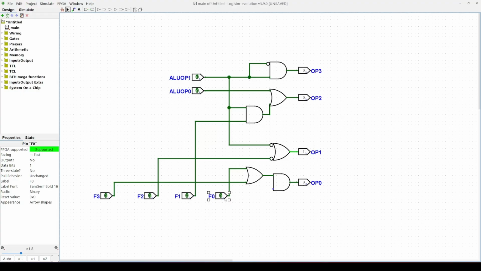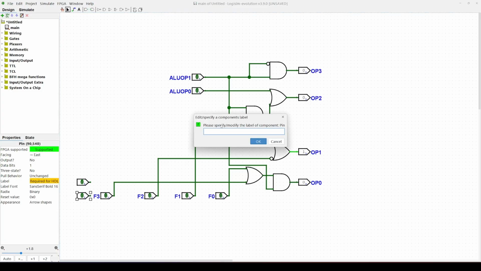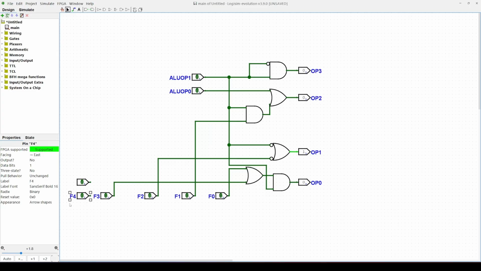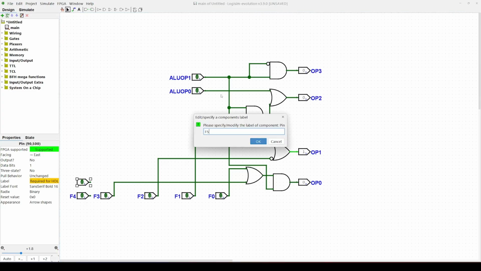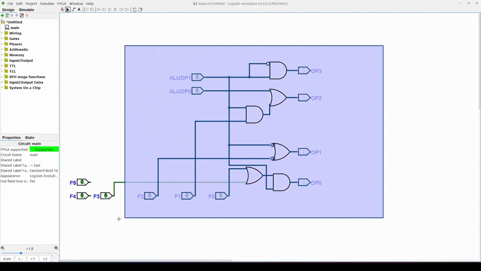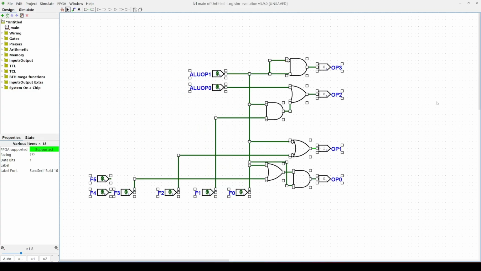And this one came from ALUOp1. And then we have our F4 and F5, which we don't use because they're don't cares, but we're going to leave them here so we have the connections available. And that's it.